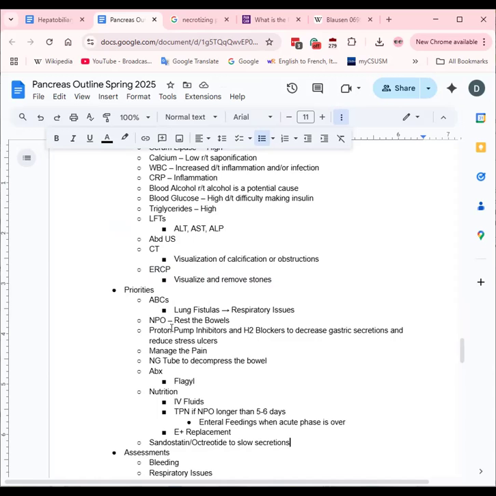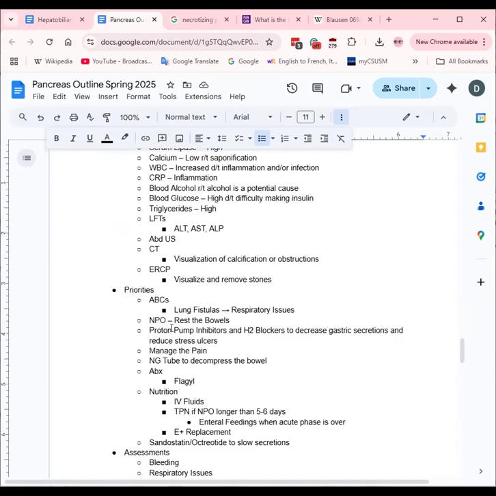ABCs again, like I mentioned, the lung fistulas lead to respiratory issues. So one more time, that is your ABCs. NPO to rest the bowels. Yeah, you're going to be NPO to rest the bowels.